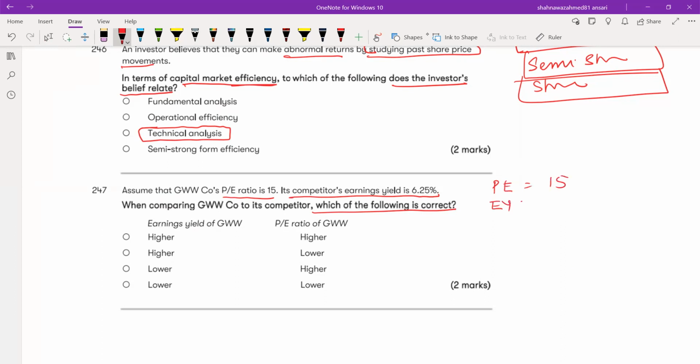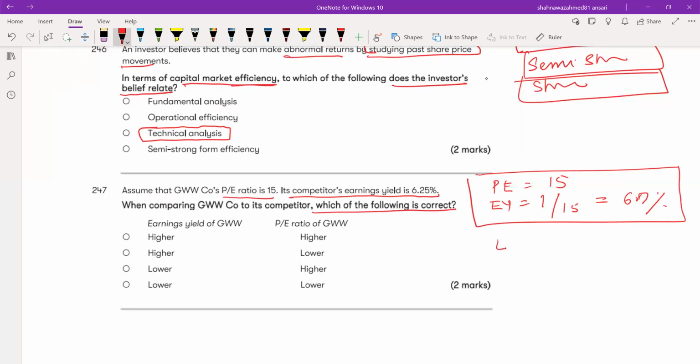We can find the earning yield: 1 over 15, which is 6.7%. So this is GWW's PE and earning yield. And the earning yield of the competitor is 6.25.